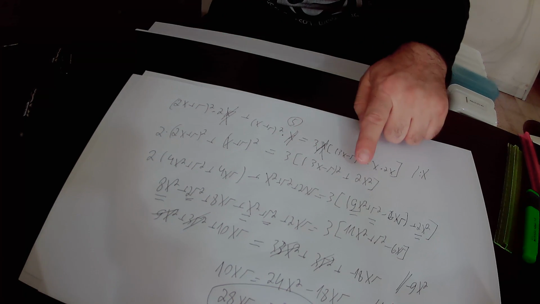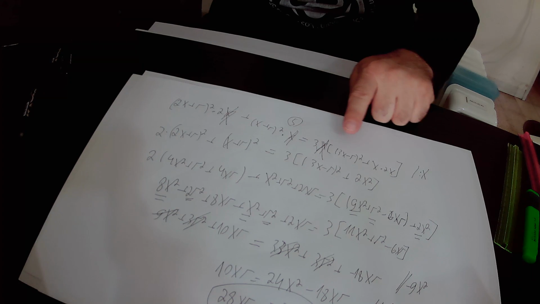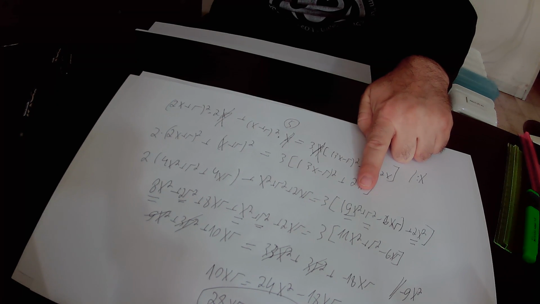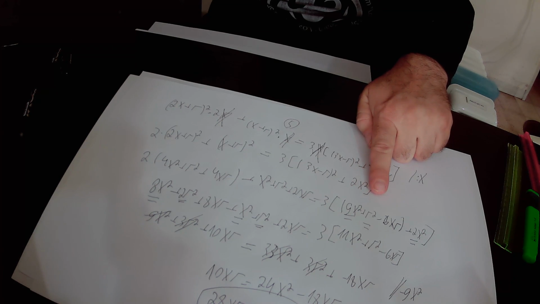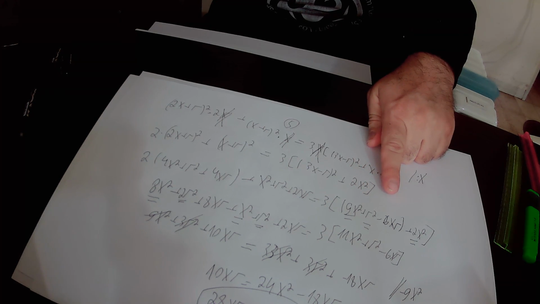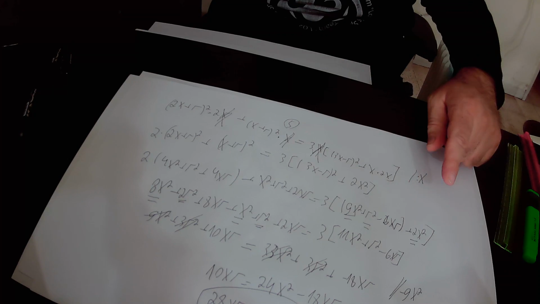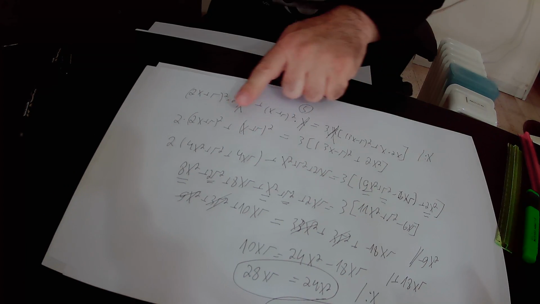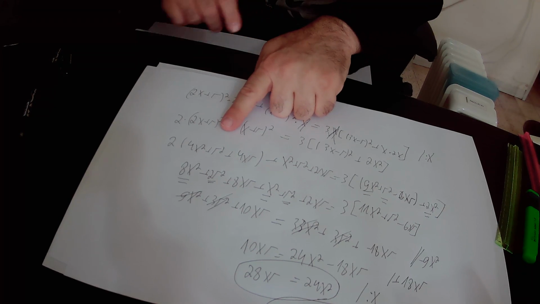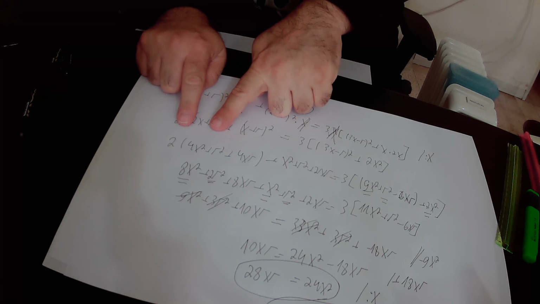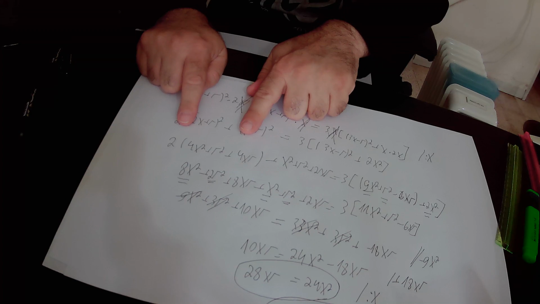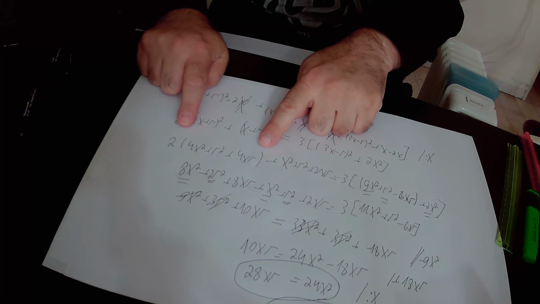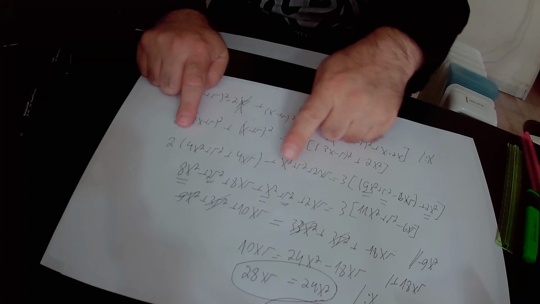On the other side of the equation we have 3, and inside the brackets we have (3x minus r) squared, which is 9x squared plus r squared minus 2 times 3xr, that is minus 6xr, plus 2x squared. Then we multiplied this expression by 2. 2 times 4x squared is 8x squared. 2 times r squared is 2r squared. And 2 times 4xr is 8xr.